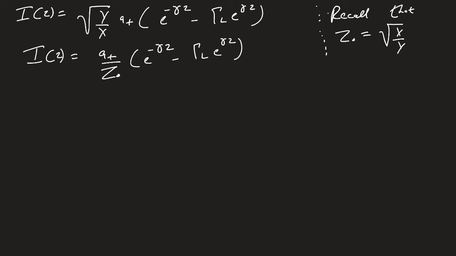Now just to repeat, we are now doing a terminated transmission line. Before this, we were looking at current and voltage at every point in an infinite transmission line. So we now have current and voltage in a terminated transmission line.